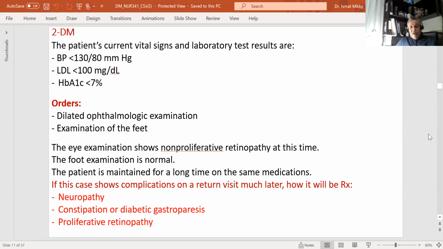So the patient's current vital signs and lab test results are: blood pressure less than 130 over 80, LDL less than 100, hemoglobin A1C less than 7%.